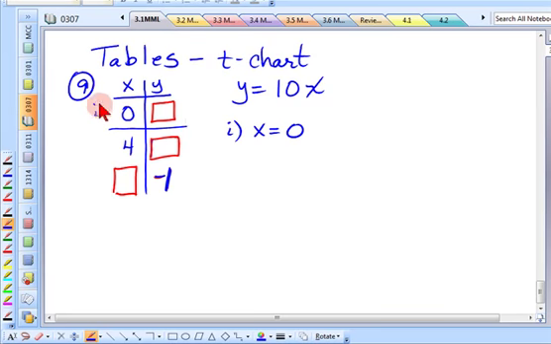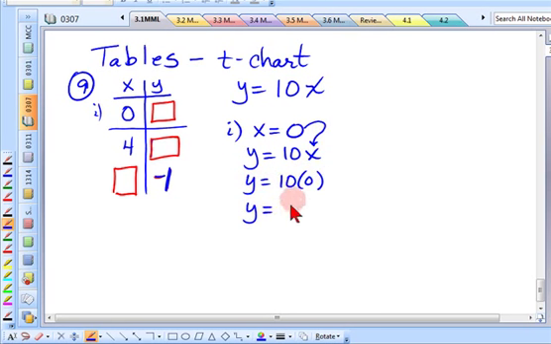X is 0. So I'm doing this part right here. I'm going to take y equals 10x. I'm going to plug this in the place of x. Y is equal to 10 times 0, which means what is the value of y? 0. When x is 0 and I plug it in there, the y turns out to be 0 and I fill that in.